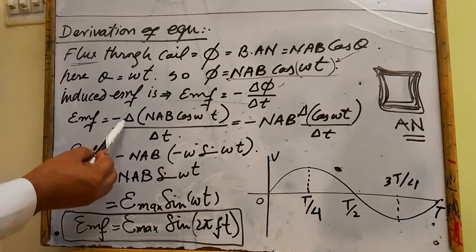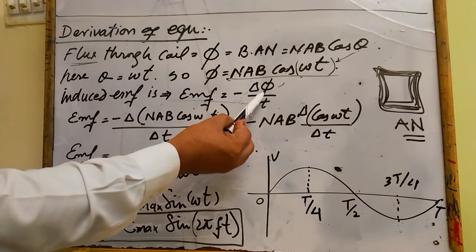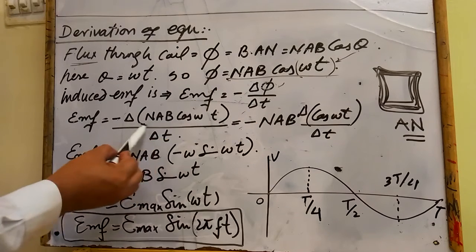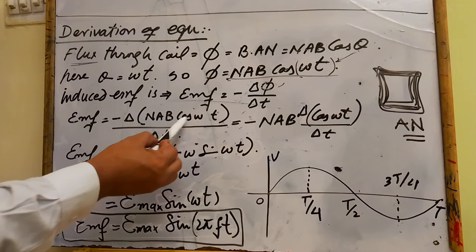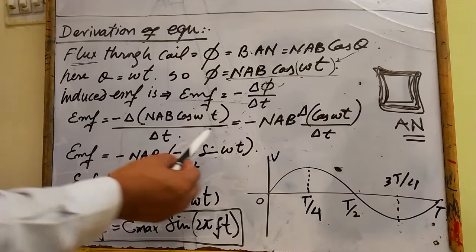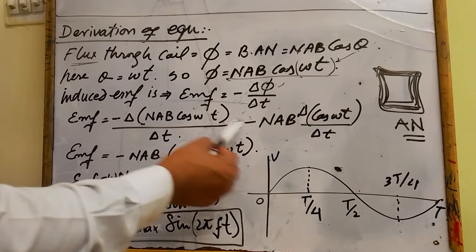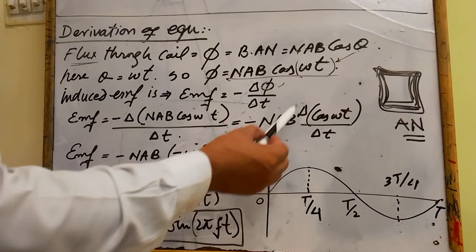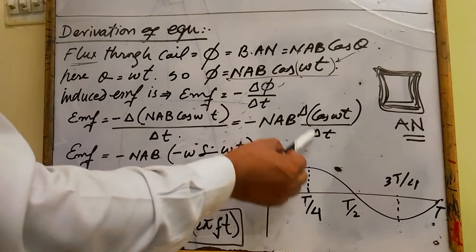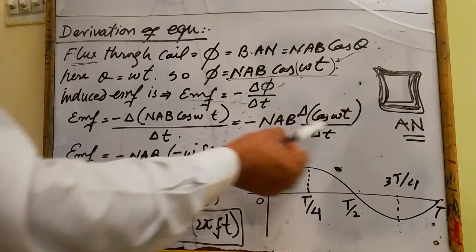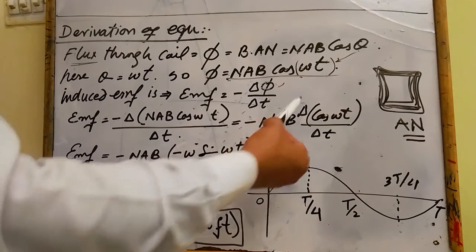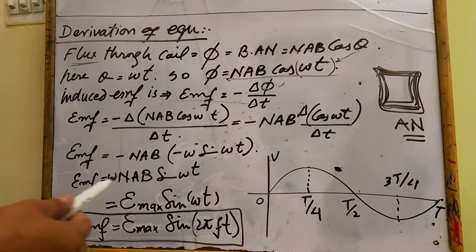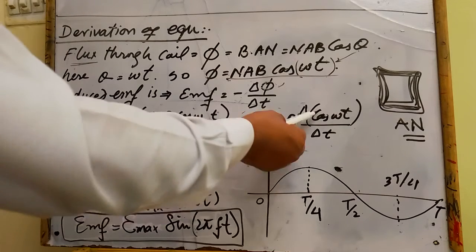So EMF equals minus delta of NAB cos of omega t, divided by delta t. The negative is taken outside. N, A and B are constants, so they can also be taken outside, and we write delta cos of omega t divided by delta t. It is a function and it is a derivative, which can be taken from first or second year mathematics, derivative calculus.